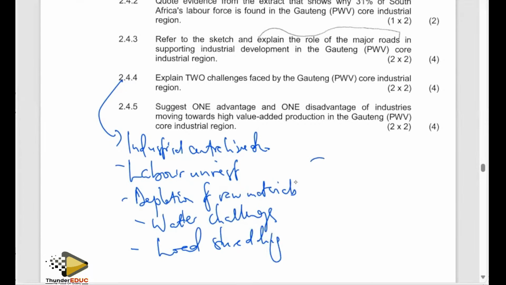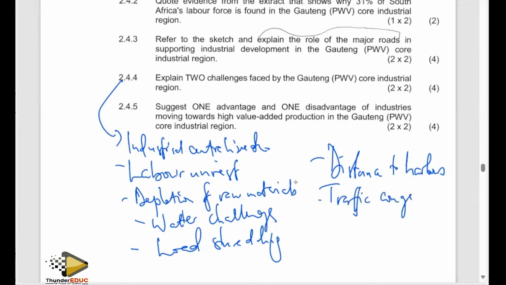Or you can talk of other limitations like distance to the harbor. Since it's located centrally in an inland location, it's away from the harbors, which adds to the costs of transporting products for the export market. You can also talk of other things like traffic congestion and pressure on infrastructure. There are so many. You cannot exhaust all of them. Right, move on to the next question.